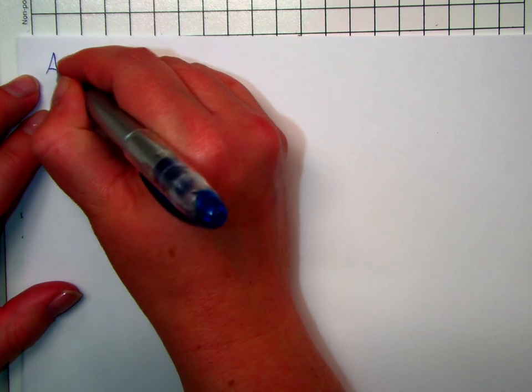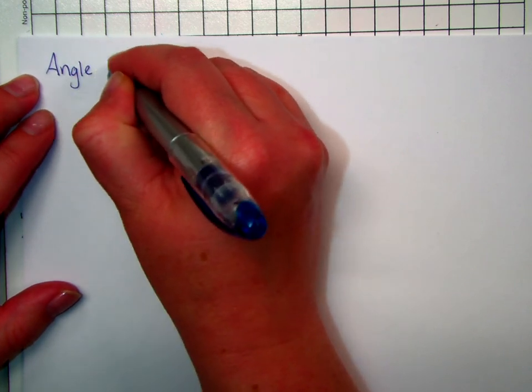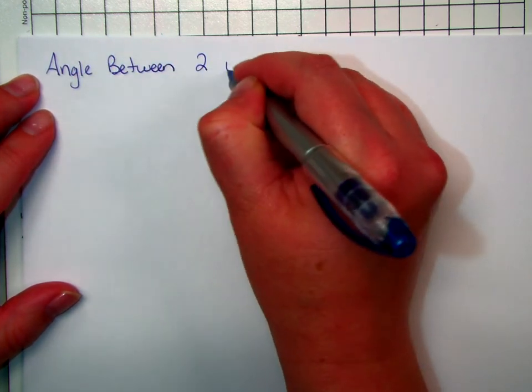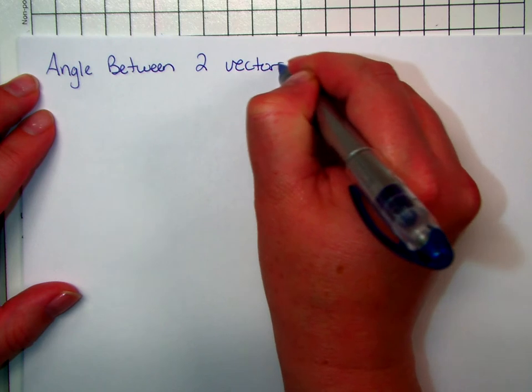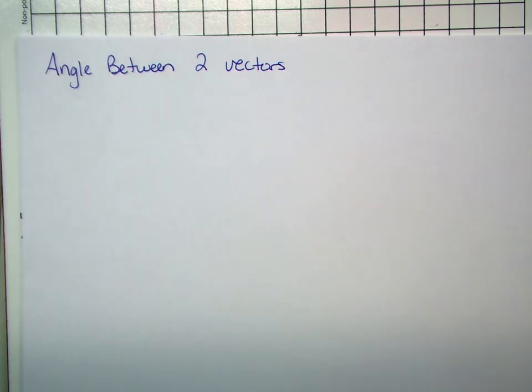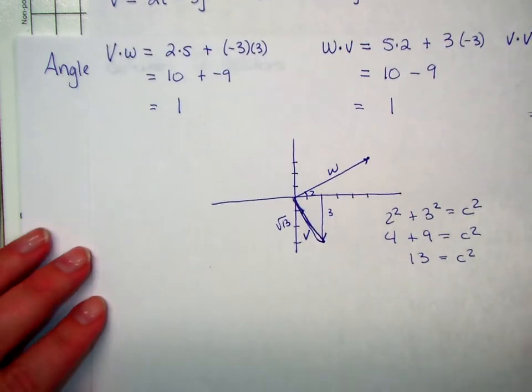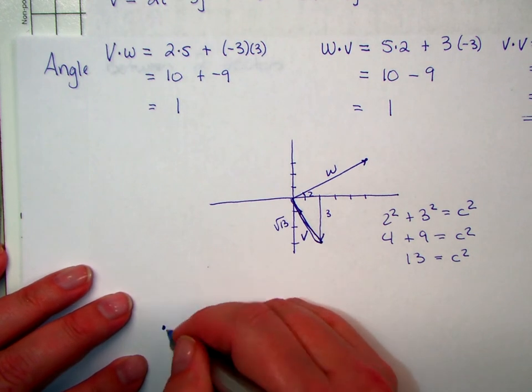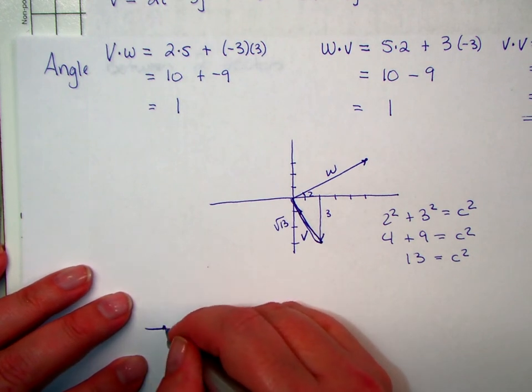All right, so let's also look at finding the angle between 2 vectors. Actually, you know what? Shoot. Before I move on, okay, I would like to talk about what if 2 vectors are perpendicular.